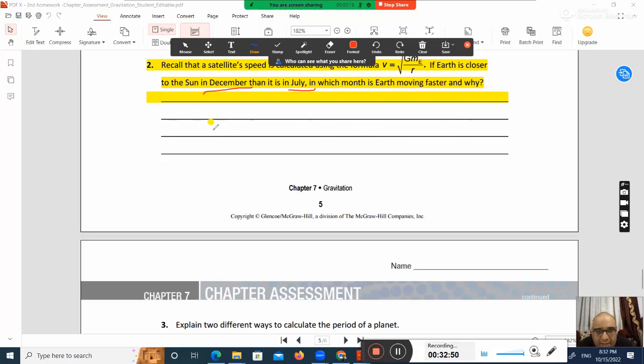So closer means the distance in December is less than what it is in July.